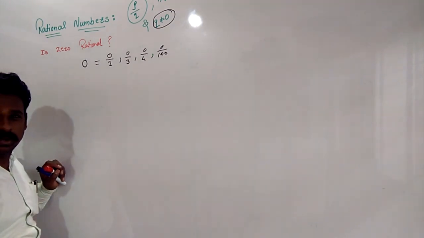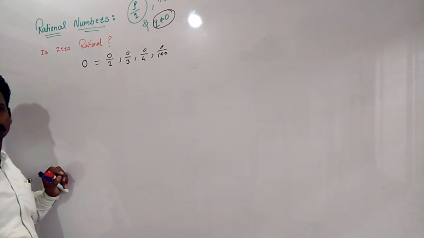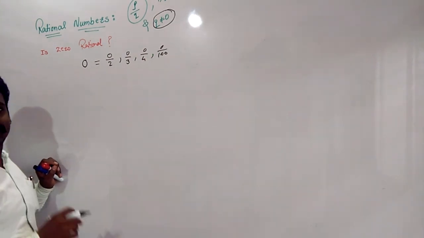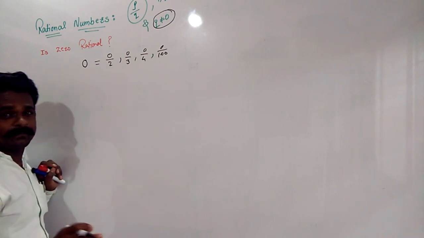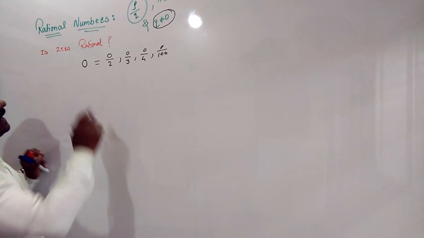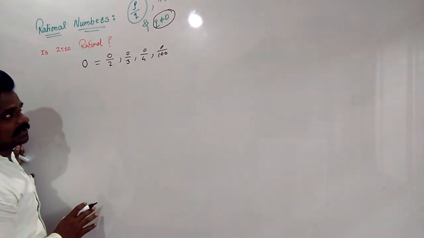Any number except 0 you can take as a denominator for 0. So the answer will always be 0. If you divide 0 by any number, it will become 0 again. That's why 0 is a rational number.